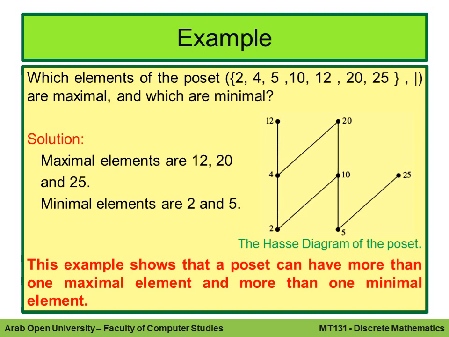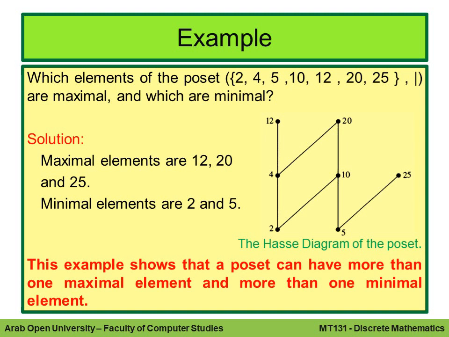What are the maximal elements? These are the ones on top. The elements 12, 20, and 25 are maximal. There is nothing above them in the graph. There is nothing that is divisible by 12 or divisible by 20 or divisible by 25. That makes those elements maximal.